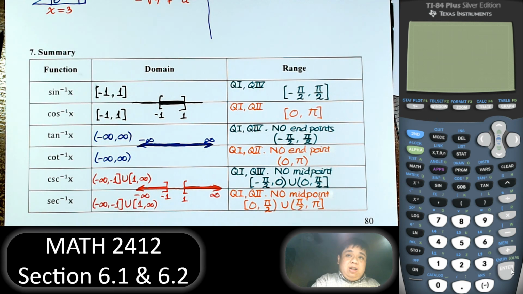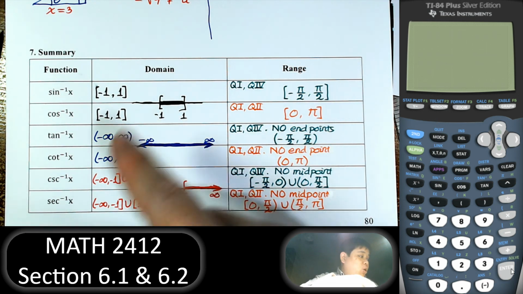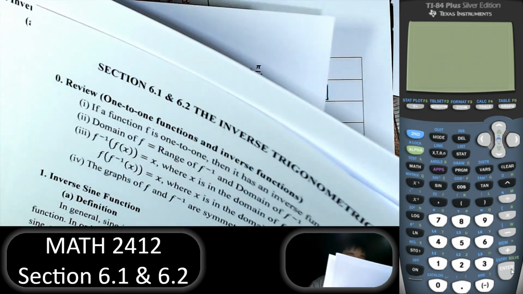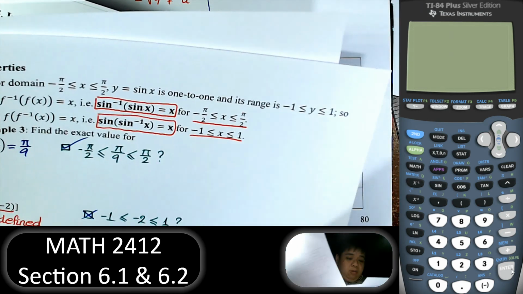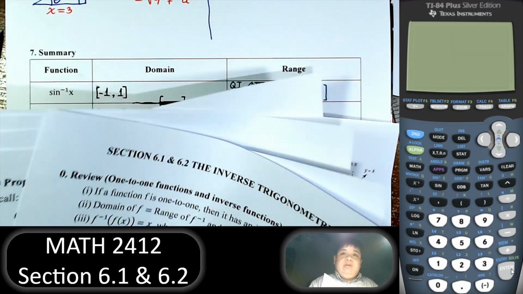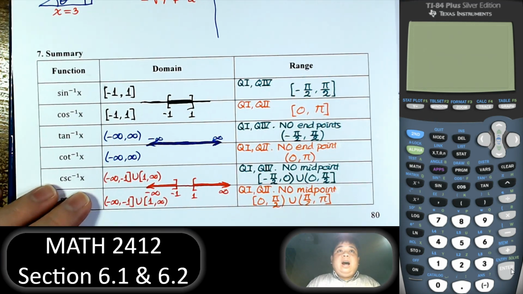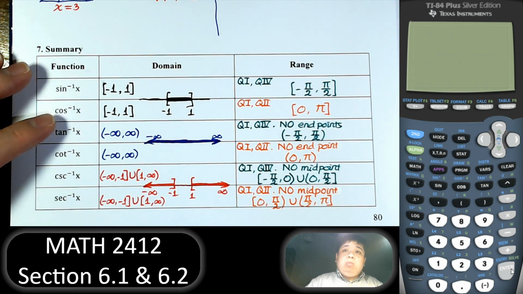The inverse cancels the function only in the domain. So we have to know that it has to be in the domain for it to cancel the function. Right.